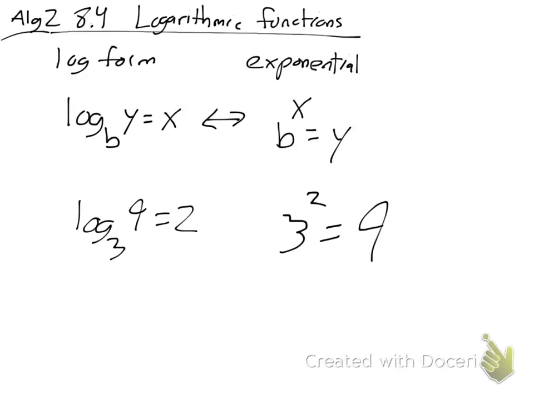Yeah. It's true. And then you're going to also have to go to something like 2 to the 4th power equals 16, which is true. 2 times 2 times 2 times 2 is 16. Can you write that in log form? Which means that it's going to equal log, what's the base of the exponent?